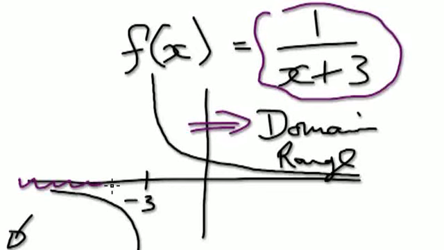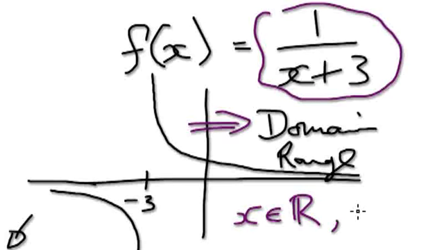So it can be anything on the real number line except for the number negative 3. So you can say the domain is x belongs to the real numbers, comma, x cannot be negative 3.